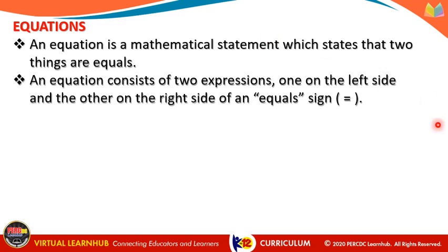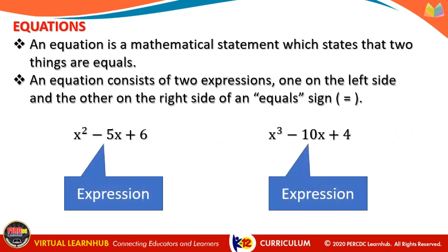So ano daw? An equation, sabi sa definition, ay mabubuo mo kapag meron kang dalawang expression, isa sa left side, isa sa right side, and then maglalagay ka ng equal sign sa gitna nila. So let's say we have two expressions. Let's say we have x squared minus 5x plus 6 and x cubed minus 10x plus 4.